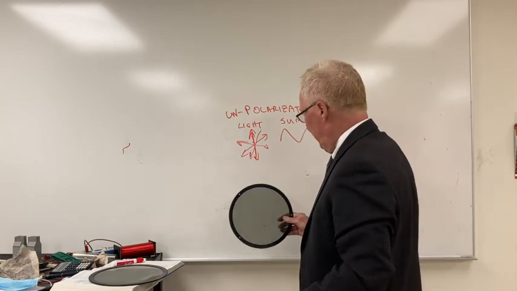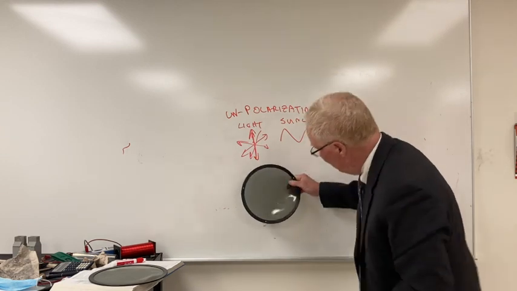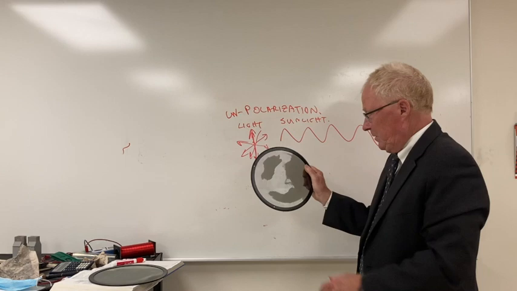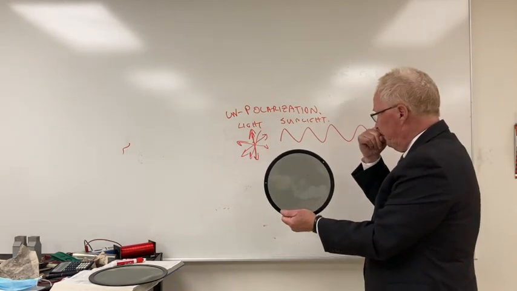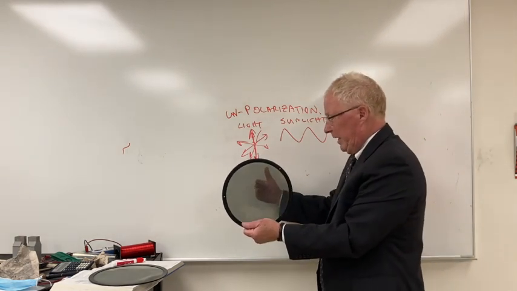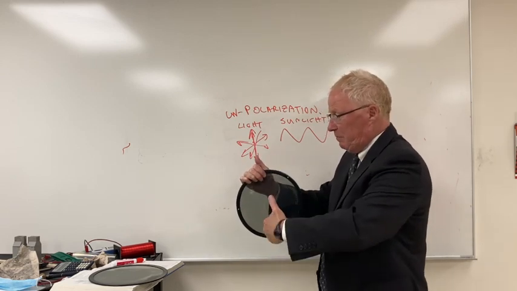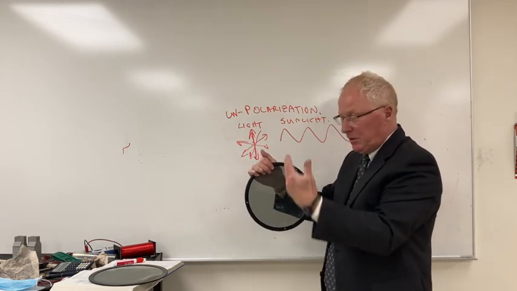Now in this case, what I can do is use what we call a polarizing filter. The light passes through, comes out, and becomes polarized. We'll see this in the lab.